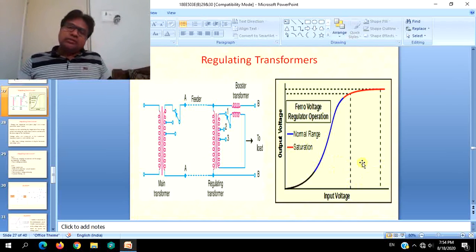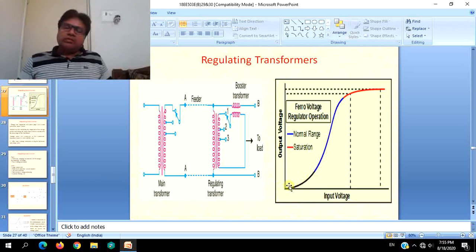And go through the characteristics of this transformer. These characteristics, or this protection, are obtained because of the core used for regulating transformers. They are basically ferro-resonant cores. Regulating transformers are designed to have magnetic cores which are ferro-resonant cores, which are better suited for regulator operations.